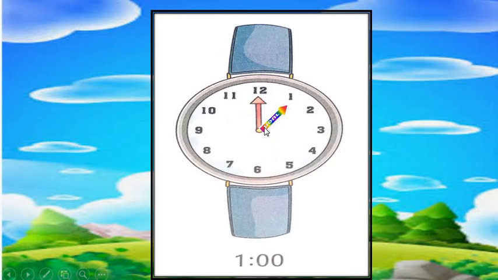Draw the short hand or hour hand at 1. The short hand is at 1, the long hand is at 12. It is 1 o'clock.